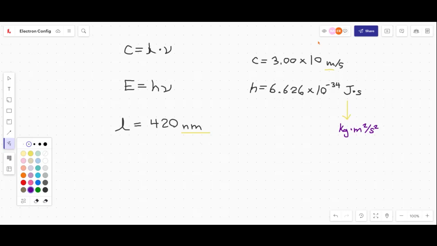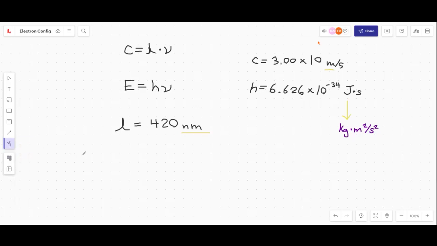But what I want to focus on tonight primarily is really going through electron configuration, helping you to understand what electron configuration means, and also going through orbital notation and helping you to understand the relationship between quantum numbers and electron configuration and orbital notation, because they are all connected.